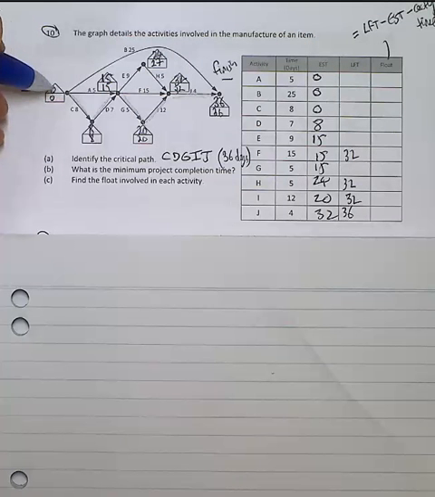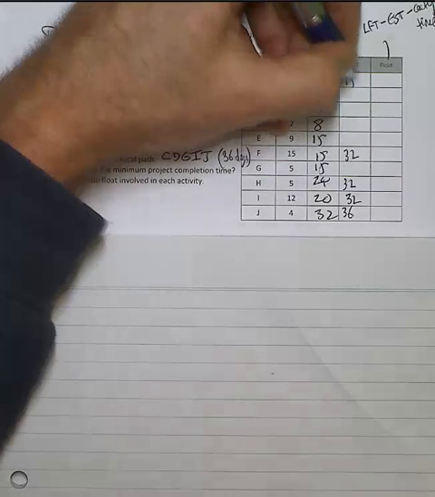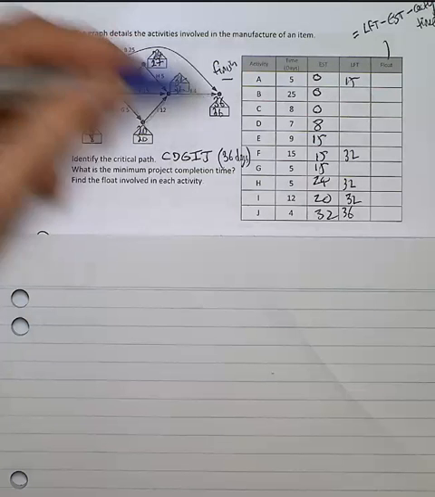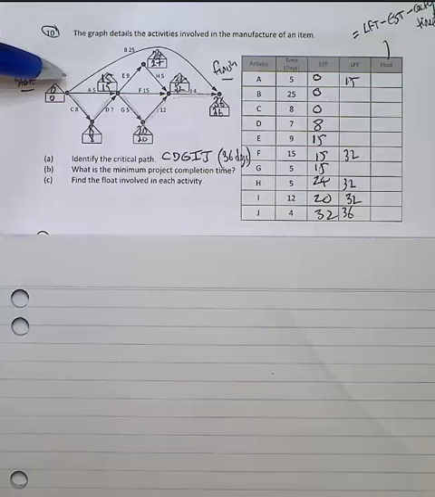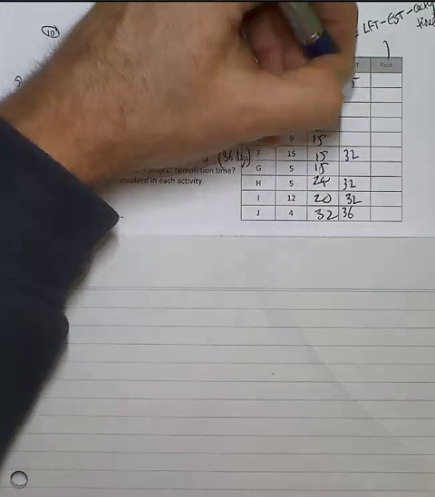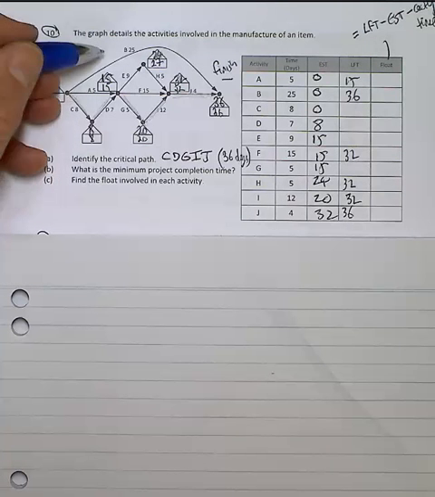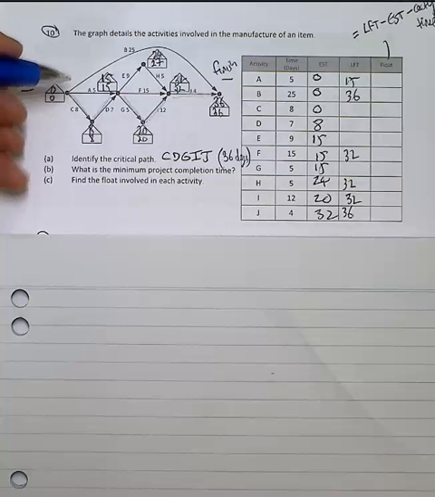If I go back to the beginning, A, 0, the latest possible finishing time for A was 15. For B, well, that takes 25. We've obviously got 36 as the latest finishing time, so a bit of slack there for activity B, which we'll call float time.